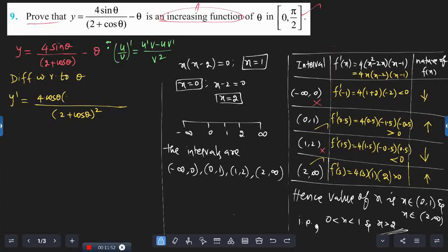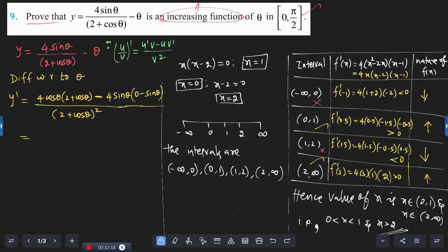V, the denominator, you write as it is, that is 2 plus cos theta. Formula minus, next u into v dash. What is the u value? u value is 4 sin theta into v dash. V dash, the denominator you have to differentiate. 2 derivative 0 and cos derivative minus sin theta. That's it. Now you have to simplify this.